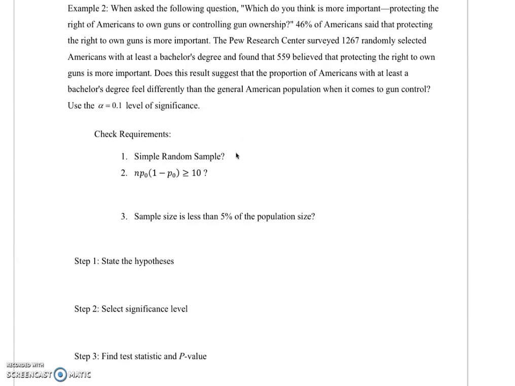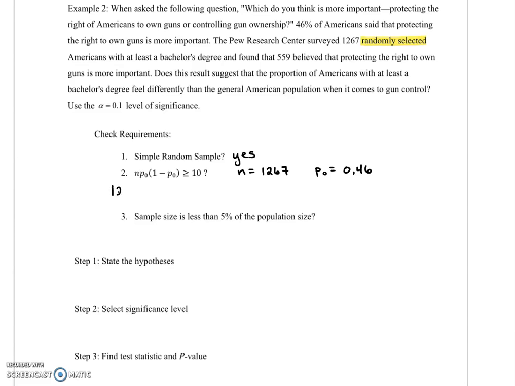So first, check the requirements. Is it simple random? Yes, because again, they have told us that the people were randomly selected. n is 1,267, the number of people that were surveyed. And our p0 is the hypothesized proportion, which is 46% or 0.46.